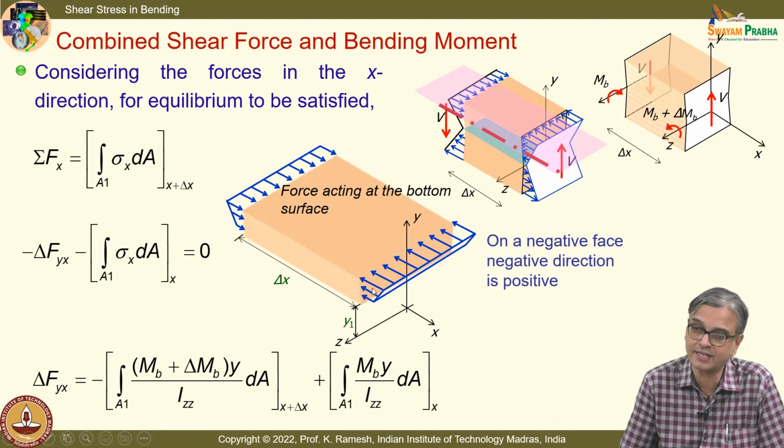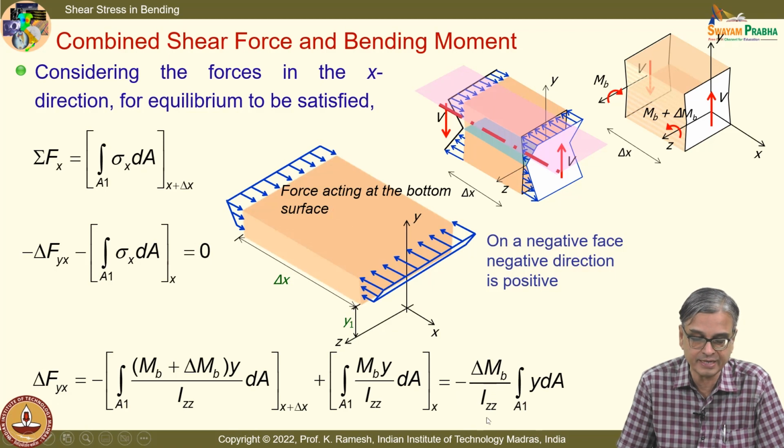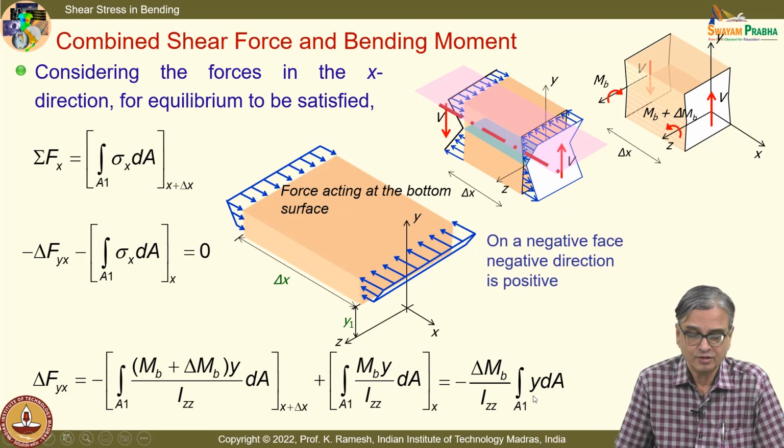So, I can find out what the stresses are there, and then multiply it by the area and do the integration over this area A1 at x plus delta x, and you have the force acting on this surface, that is Mb y divided by Izz dA. That gives me delta Fyx equal to minus delta Mb by Izz integral over A1 of y dA. What is y dA? It is the first moment of area.